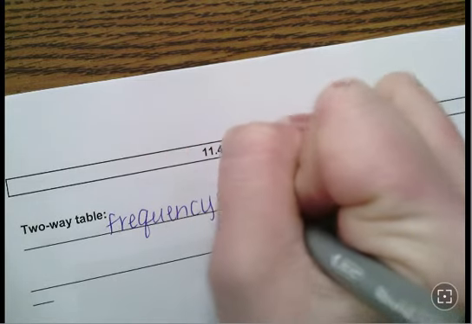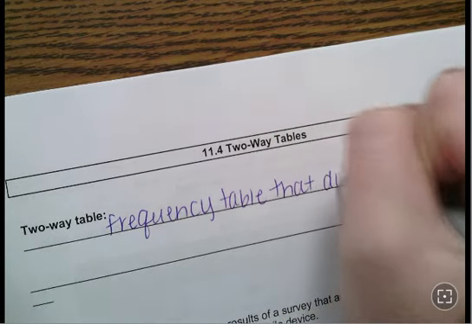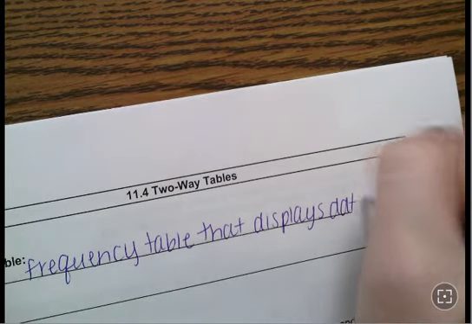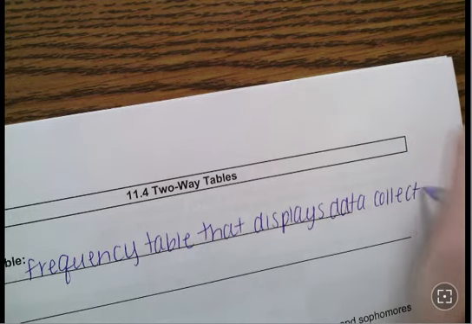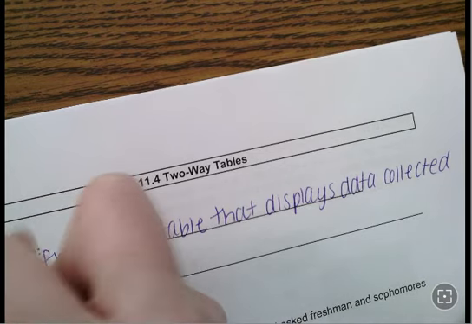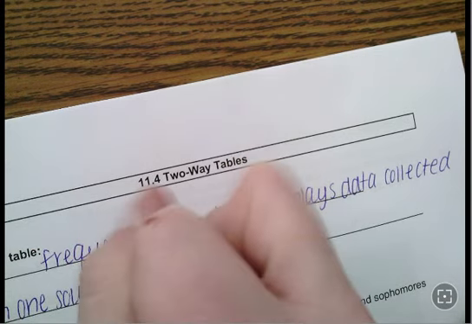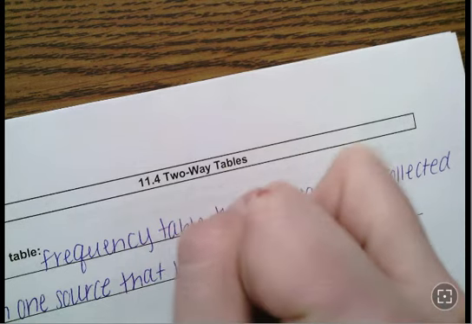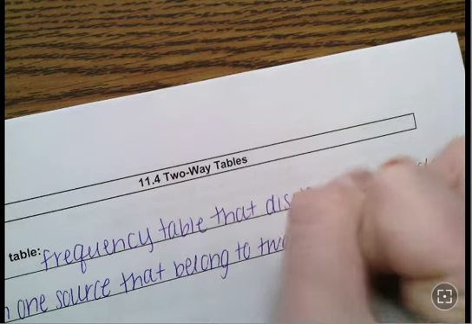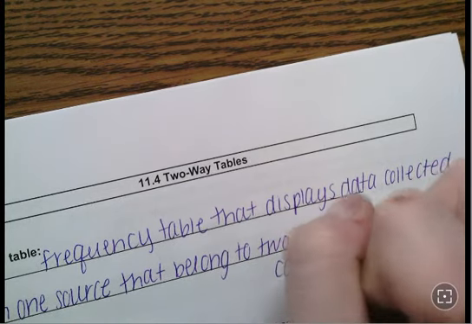So it's a frequency table that displays data collected from one source that belong to two or more different categories. Okay?